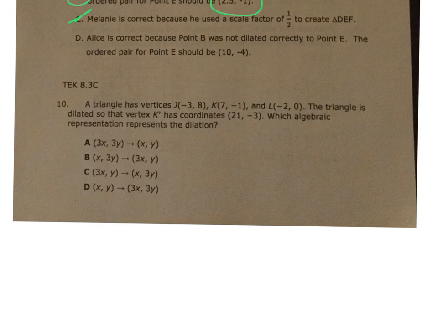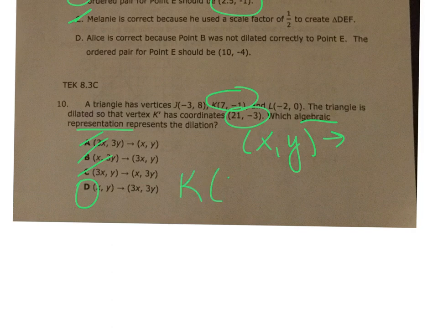Okay, now this TCARE 8.3c is just about the algebraic representation. Before we start, when you do the algebraic representation, it has to be x, comma, y, arrow before you get to your rule. So we get rid of anything that doesn't start x, y, which actually gets rid of A, B, and C, and this leaves us with D. D is correct if I look at J, K, and L, and I have information about K prime.